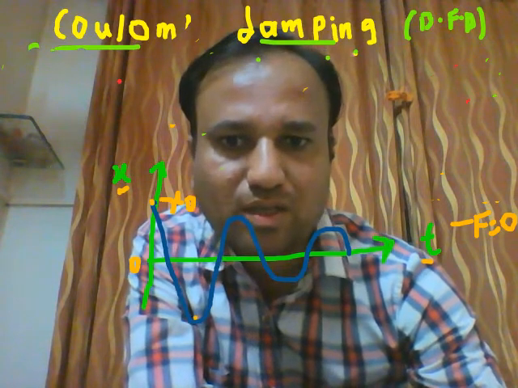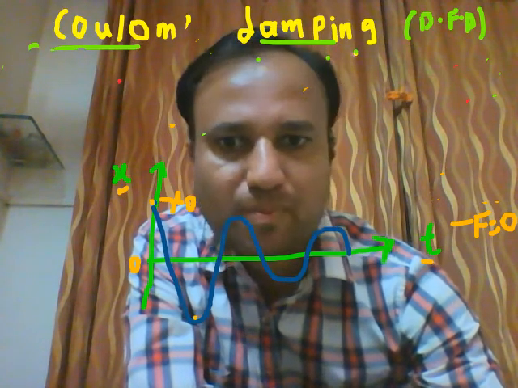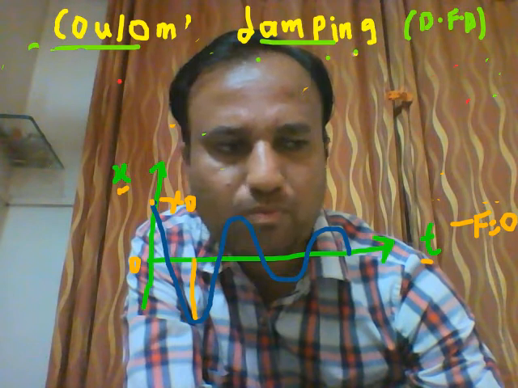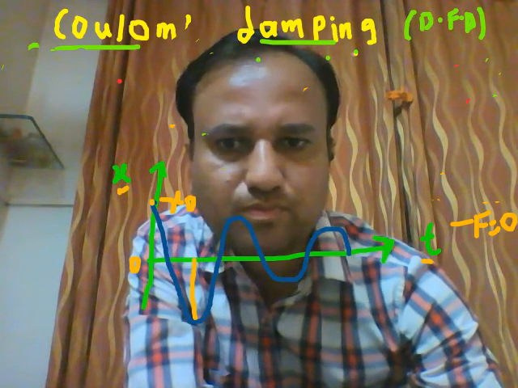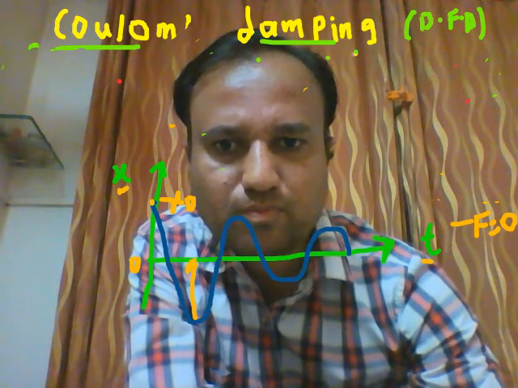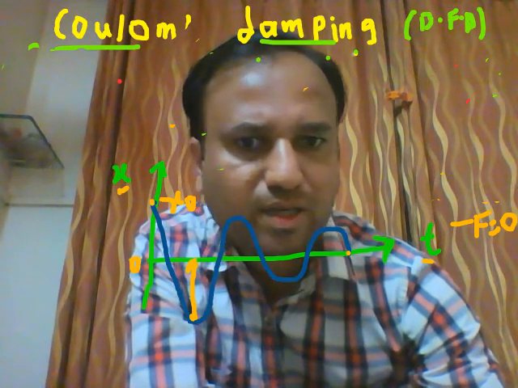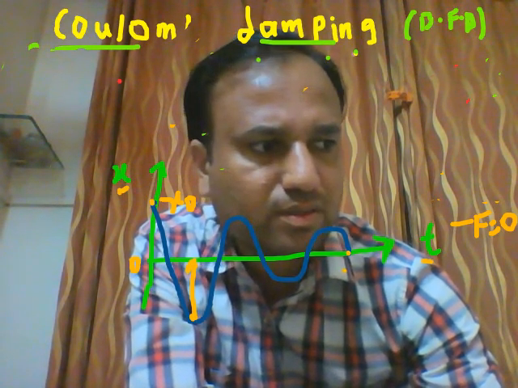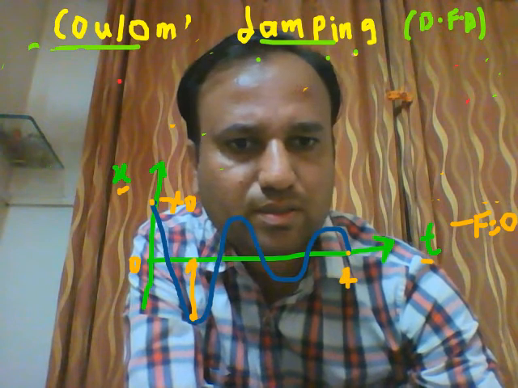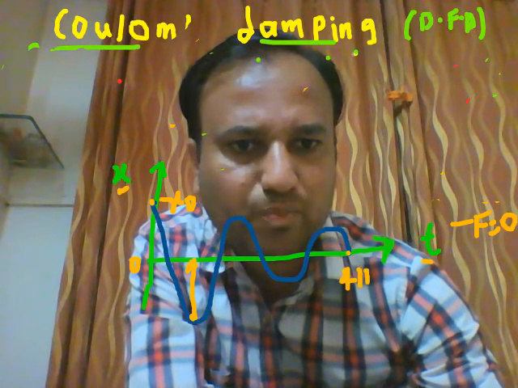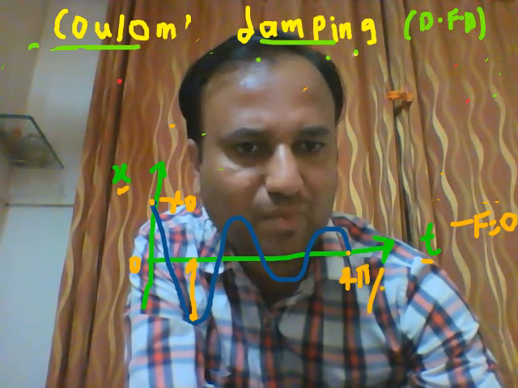So let the complete cycle have time period, let 4 pi by w.